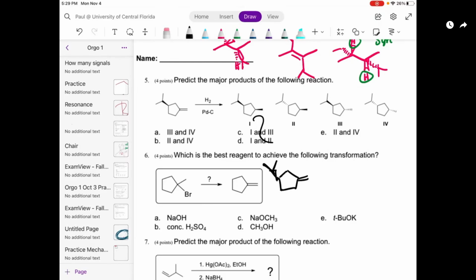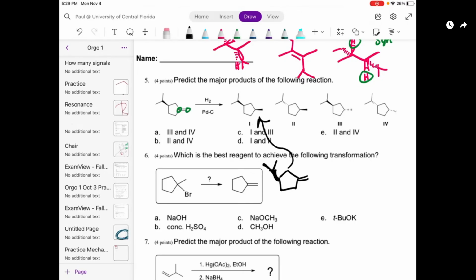Okay, just like that. That's the stereochemistry. And where are the hydrogens that are getting added? Well, we're adding one to that carbon and one to that carbon. So what we have is this guy went to that guy. Let's draw that a little better.